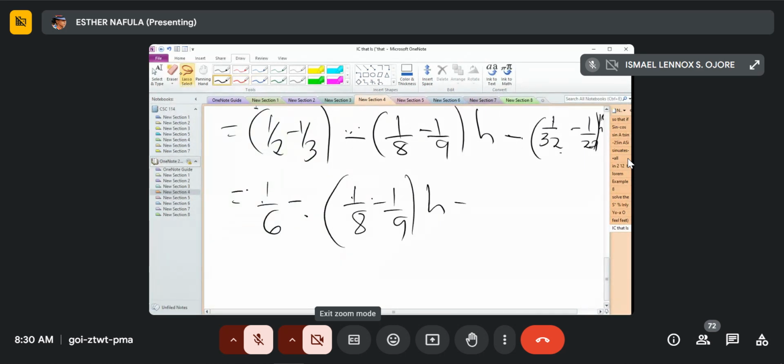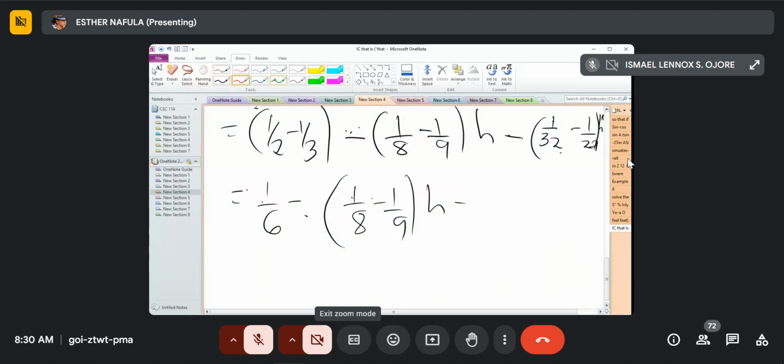Now you can notice that 8 is the same thing as 2 raised to power 3. Actually, we didn't need to expand the h over 4 squared and the h over 3 squared. But anyway, whichever answer is correct, you can have it in this form or whichever form.